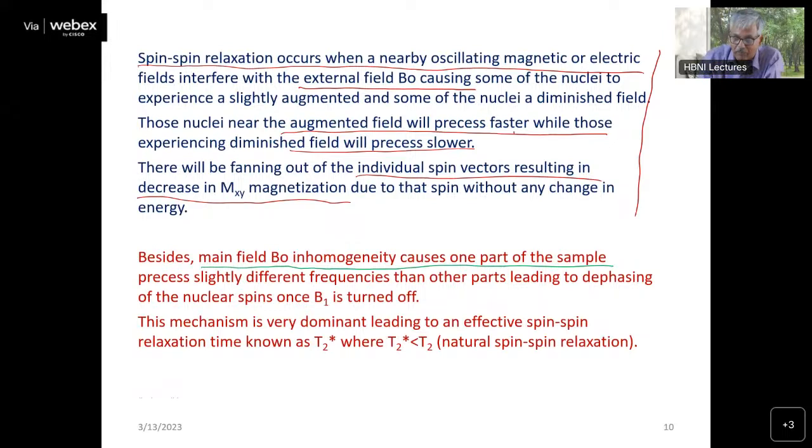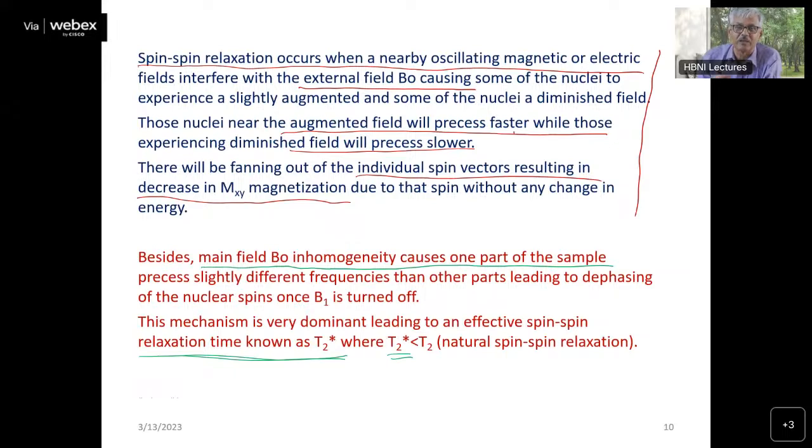Because of that, some parts of the sample will be moving at slightly higher frequencies and some parts at lower frequencies. So what you will see then is called the effective relaxation time. It is now a mixture of the oscillating magnetic and electric fields as well as the main field inhomogeneity, and that combined thing is called T2 star. And always the T2 star is less than T2.